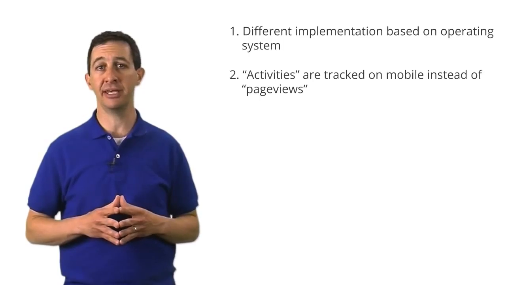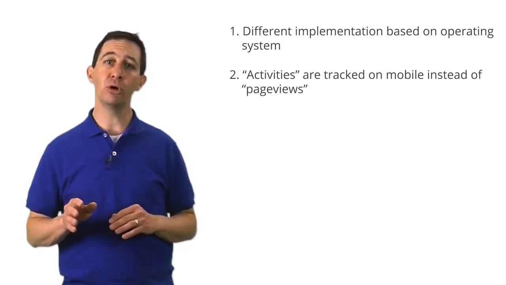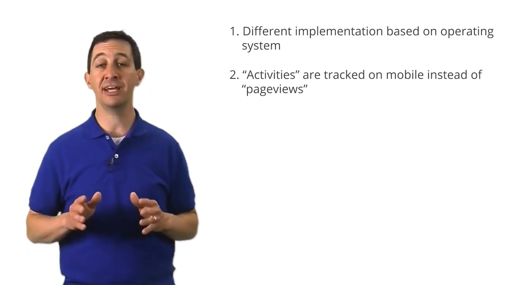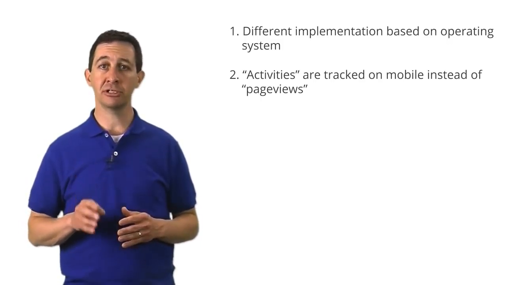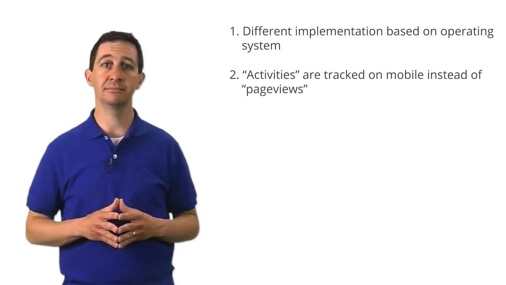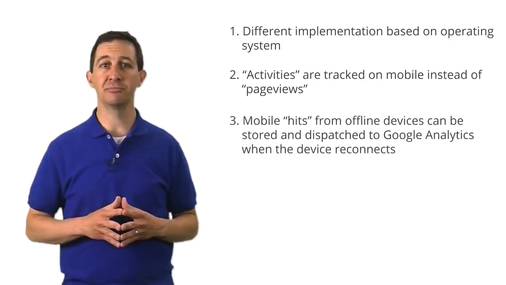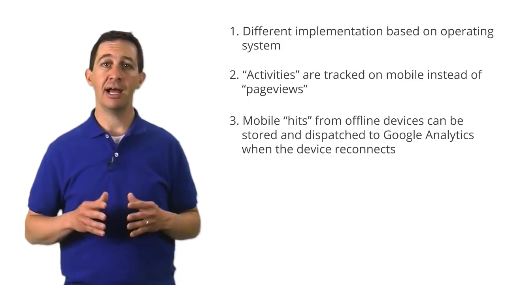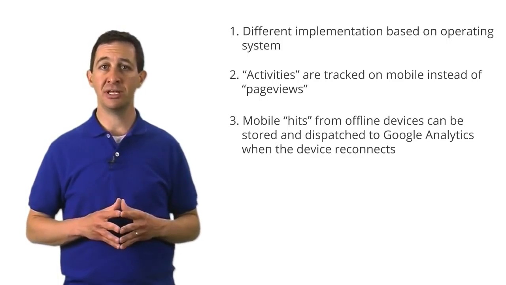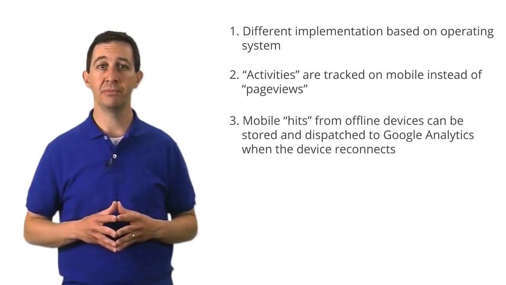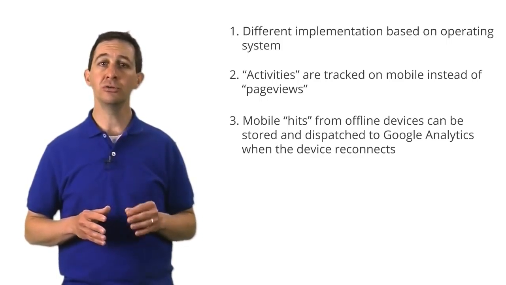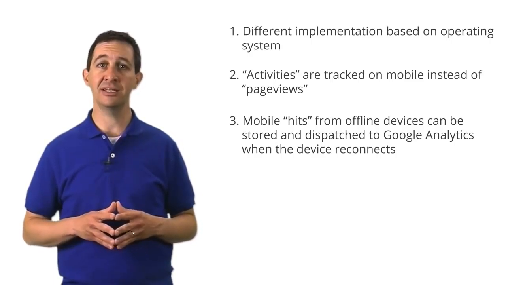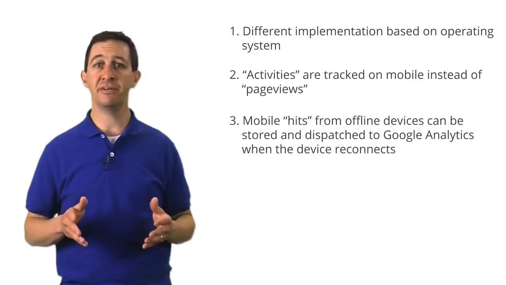Rather than automatically capturing data on each page view, mobile app tracking collects data after each activity. You must add extra code to each activity you want to track. One unique aspect of mobile app tracking is that mobile devices are not always connected to the internet. As a result, data cannot always be sent to the collection servers in real time. To handle this situation, Google Analytics can store the hits and dispatch them to the servers when the device reconnects to the internet.